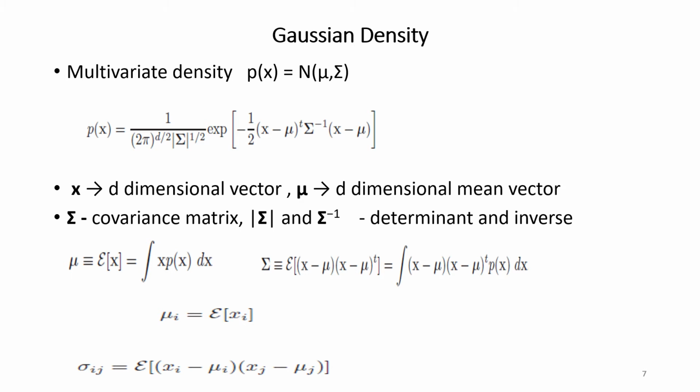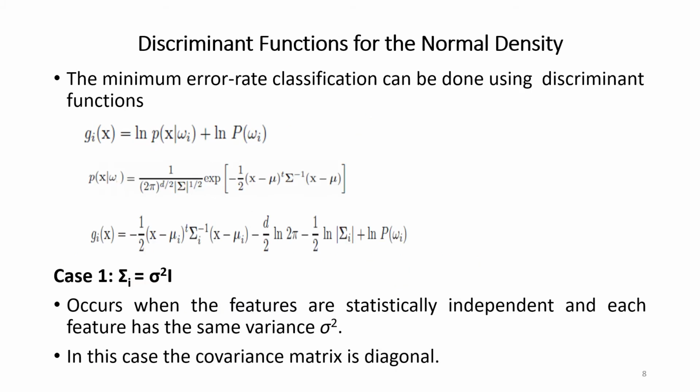So x is the d-dimensional vector, mu is the d-dimensional mean vector and sigma is the covariance matrix. Next is the discriminant functions for the normal density. The minimum error rate classification can be done using discriminant functions g_i(x) equal to log p of x on omega_i plus log P of omega_i. Now p of x on omega_i can be replaced with the multivariate Gaussian density function and g_i(x) can be obtained.